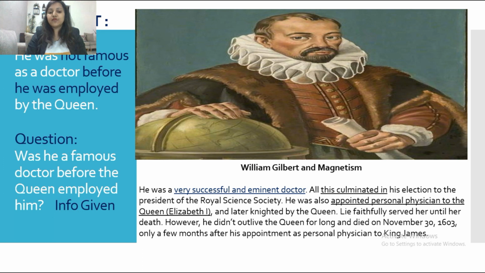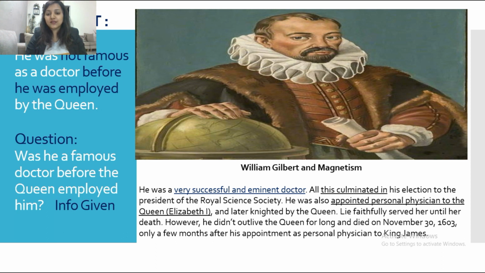You got the reference from the very first sentence of this paragraph. He was a very successful and eminent doctor. That means he was a very successful and famous doctor. Eminent could refer to famous personalities, right? All this culminated in, which means it resulted in, his election as president of the Royal Science Society.